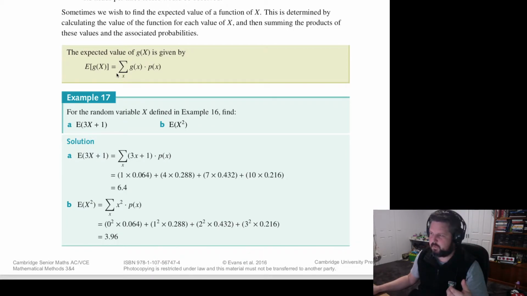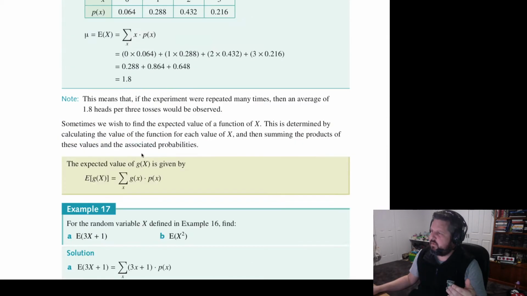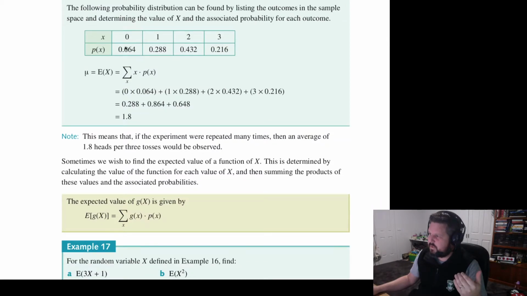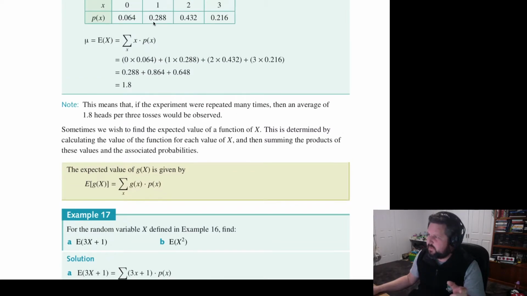So it says here for the random variable x, which was defined in example 16 that we just spoke about, it wants us to find each of these. Again, the expected value of 3x plus 1. So you're using this here: 3 times 0 plus 1 is obviously 1, 1 times that, you list it down. 3 times 1 is 3, plus 1 is 4, 4 times that, and so forth.